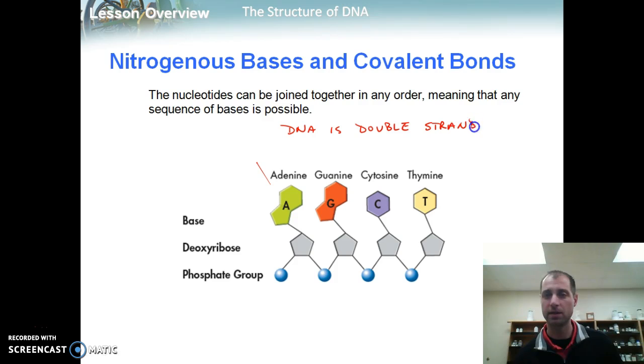Meaning, on the other side of these bases, we're going to have another nitrogenous base that matches up, connected to a sugar, so I'll put an S there, and then a phosphate group. And so we're going to continue connecting these things on the other side, and it's going to look kind of like a ladder. The other thing that we know about DNA is that it has a helical structure.